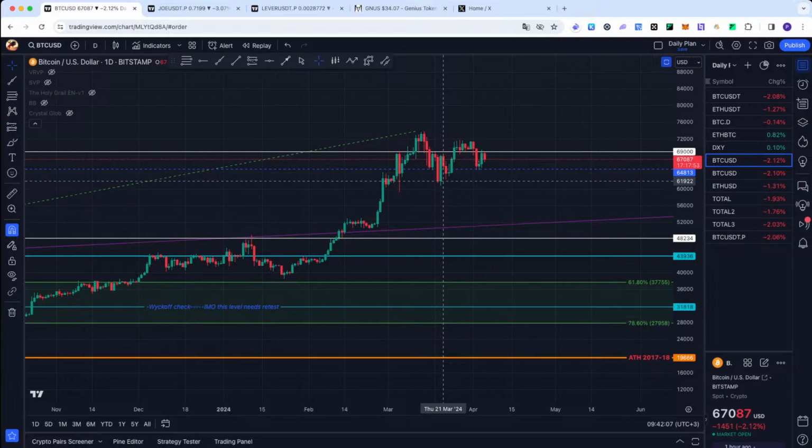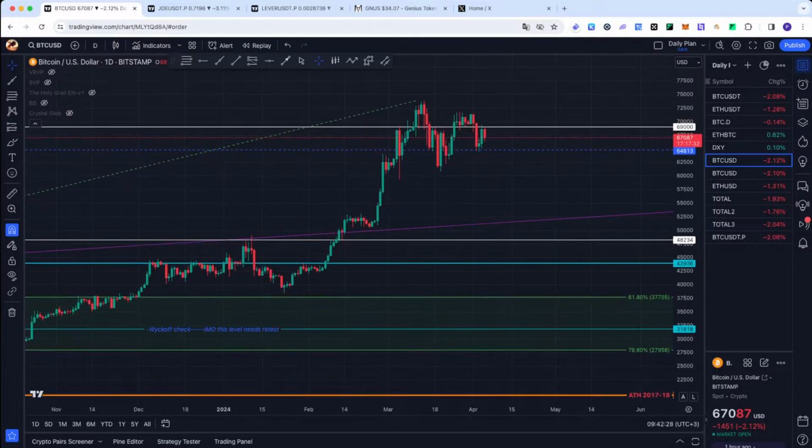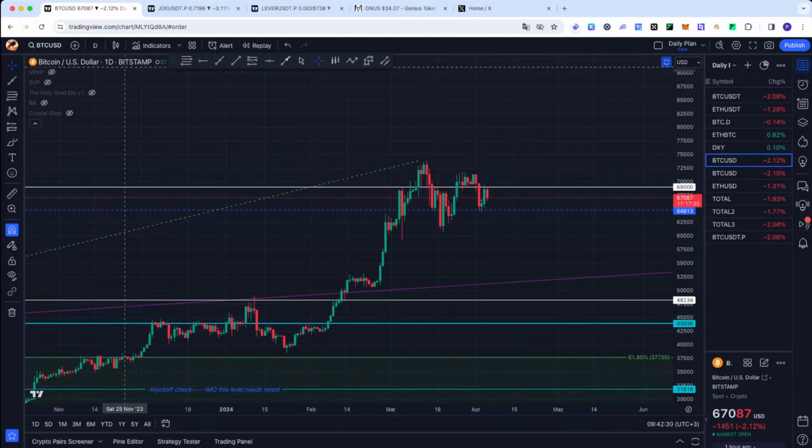If we accept and stay below 69, that's a weakness sign, because 69 was a support, was the all-time high, and it's an important level. Now, big guys will watch that level, whether it's accepting above or staying below. For the moment, you can see 69 on this chart, Bitcoin on Bitstamp. 69 even was the top.